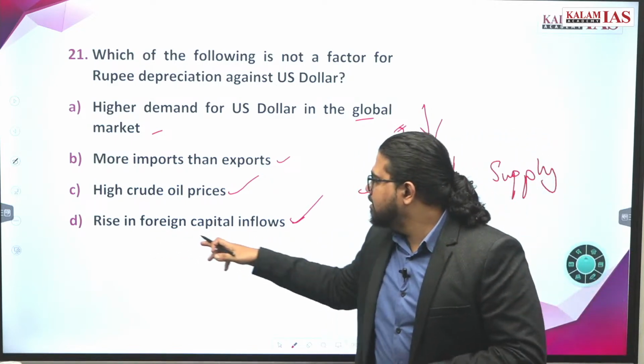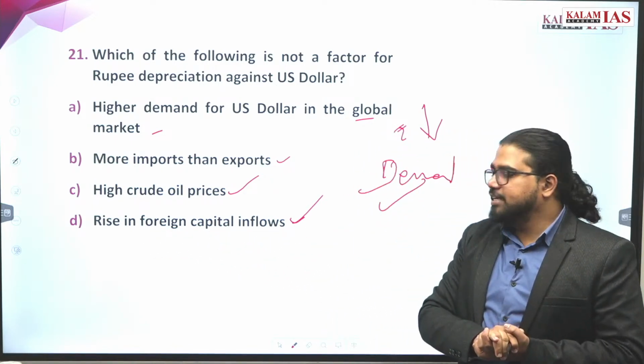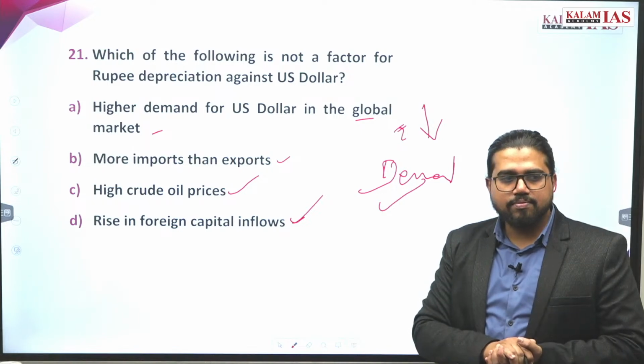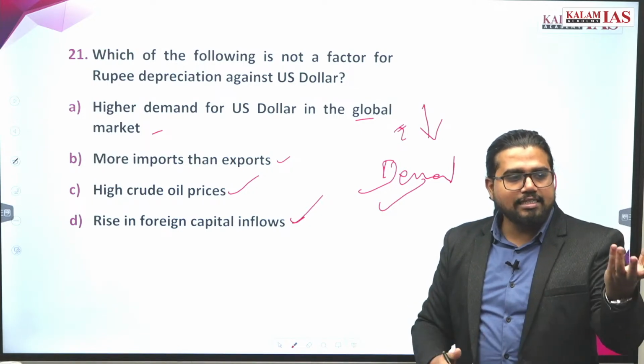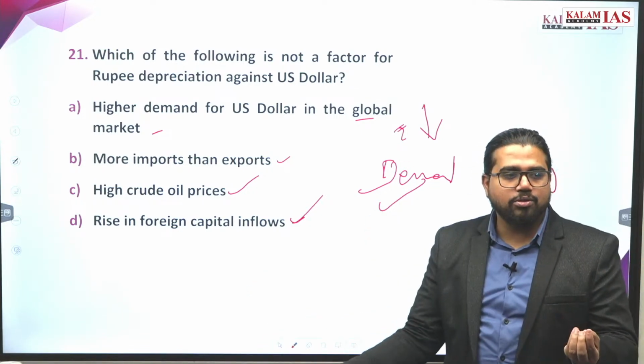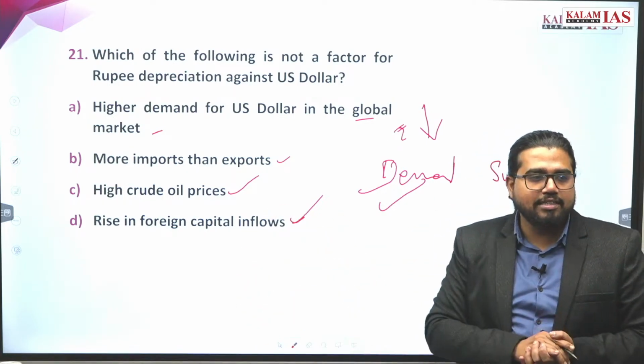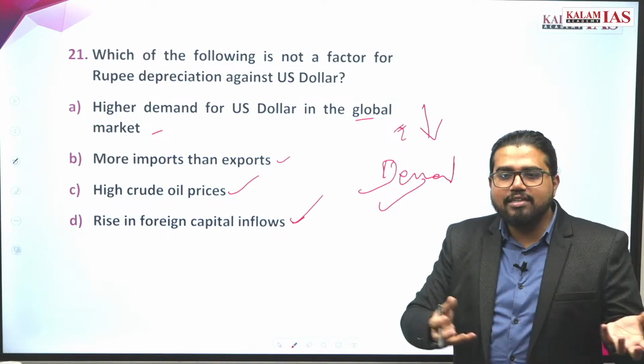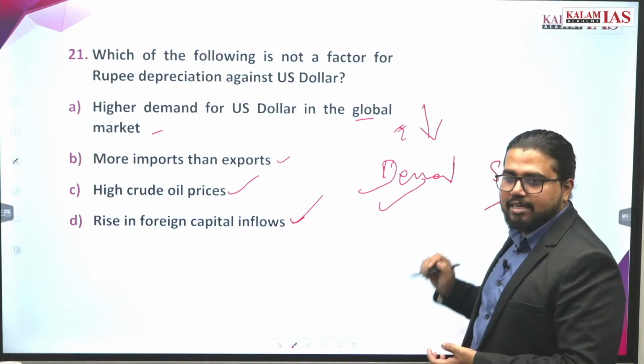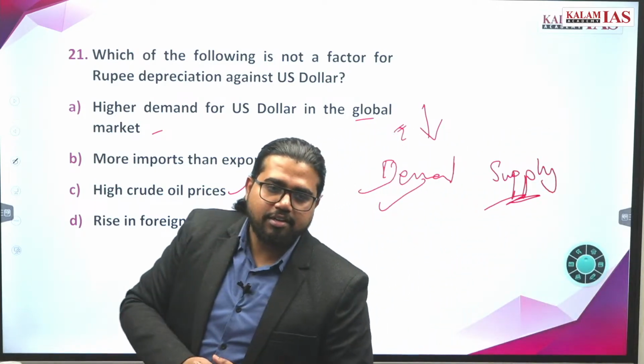And what is this? Rise in foreign capital inflows. If it is capital and it is inflow, then more dollars will be coming to the Indian economy. So it goes into the supply side, it's not creating more demand for the dollar.